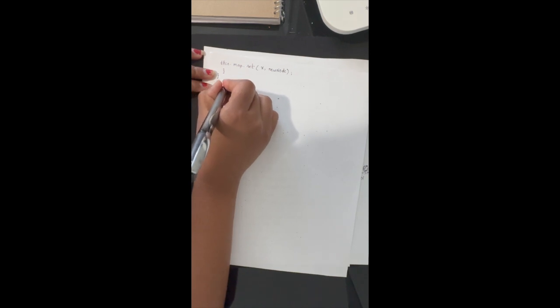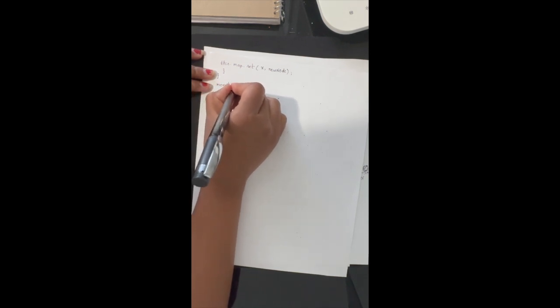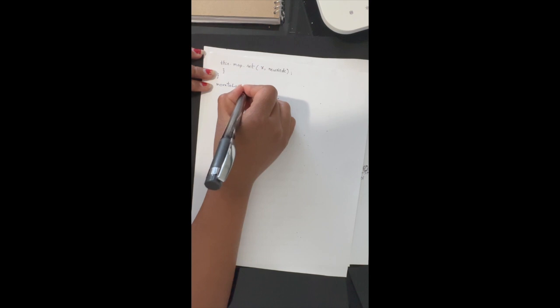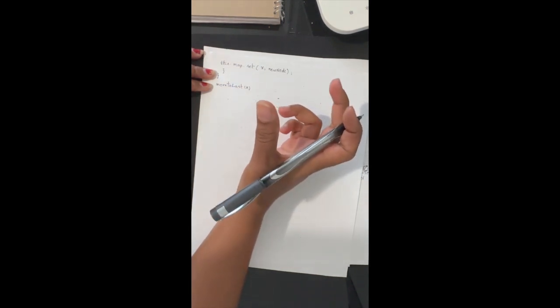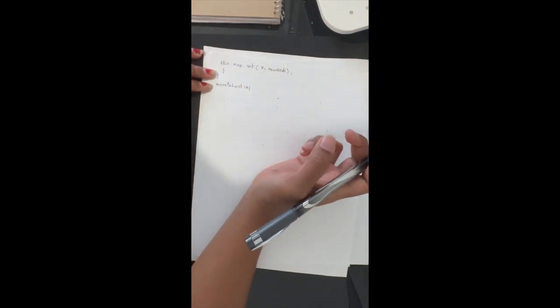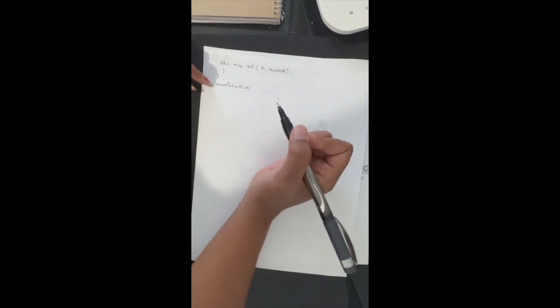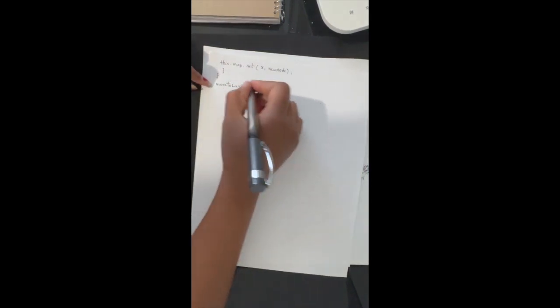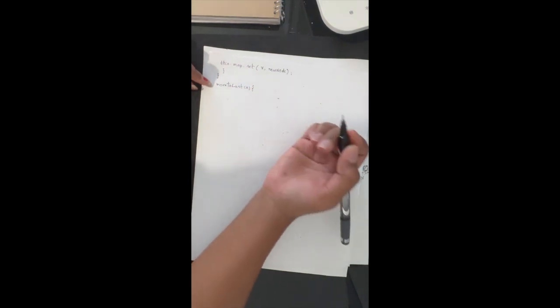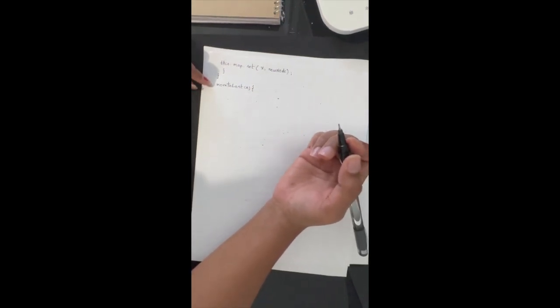So move to last. In this, what we are going to do is we need to remove a particular node from its address and move it to the end of the linked list. And also we need to update its address in the map.